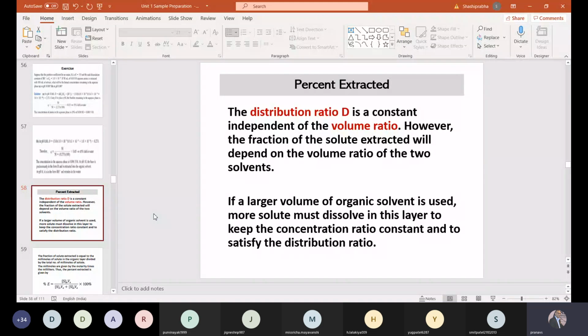So this tells us the difference between the distribution ratio and the fraction which is extracted. The fraction of solute will depend upon the volume ratios, whereas the distribution ratio would be independent of that.